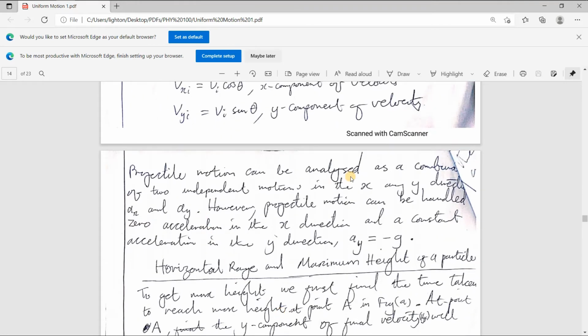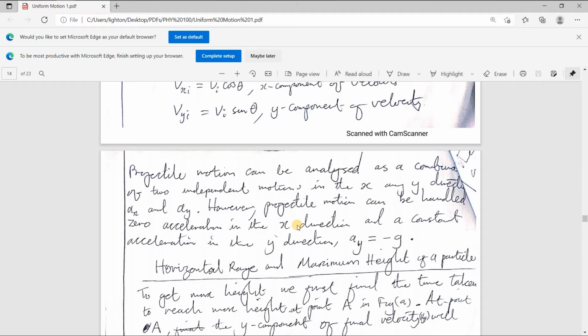And projectile motion can be analyzed as a combination of two independent motions in the x and y direction, A subscript x and A subscript y. However, projectile motion can be handled with zero acceleration in the x direction. The x component of acceleration is always zero whenever you're dealing with projectile motion.